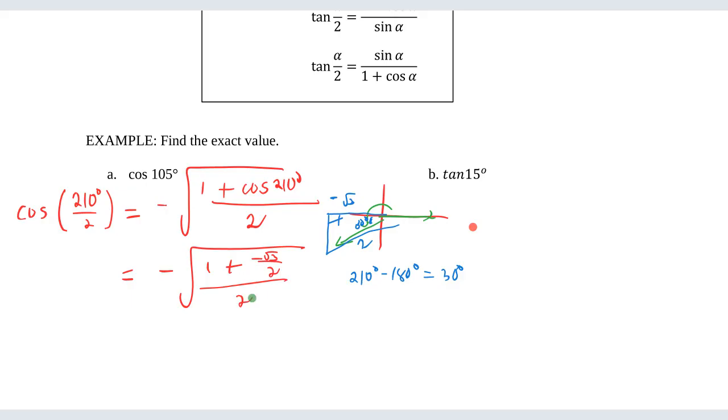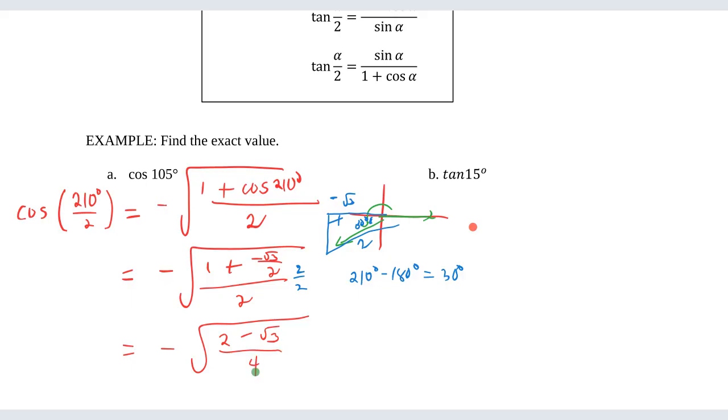So now evaluating cosine 210 degrees, this would be equal to adjacent negative radical 3 over hypotenuse 2. Then I'll be simplifying inside this radical, multiplying everything inside by 2 over 2. So that's now 2, not plus, that's becoming a negative sign, negative radical 3 over 4.